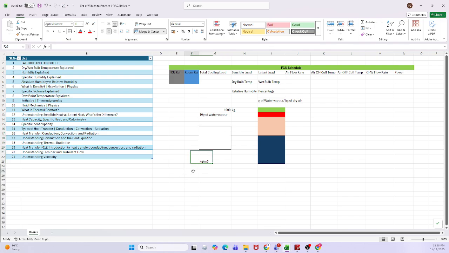So paper might be 1 kg per meter cube, and stone maybe 10 kg per meter cube. Both are 1 meter cube, but you have a difference. That is called density. Then you have specific volume: in a meter cube, how many kg can you accommodate. It is the reverse.